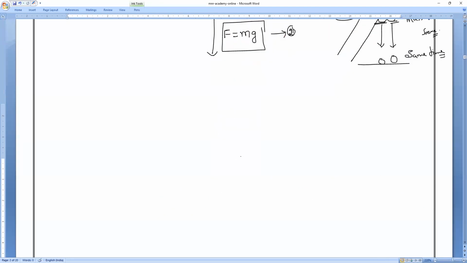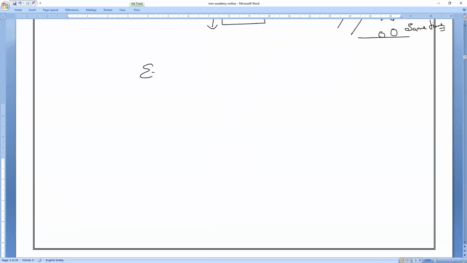So now equate both equation 1 and 2. What will happen, guys? The first equation, check it: F is equal to capital G into capital M into small m divided by d square. Second equation, F is equal to M into g.